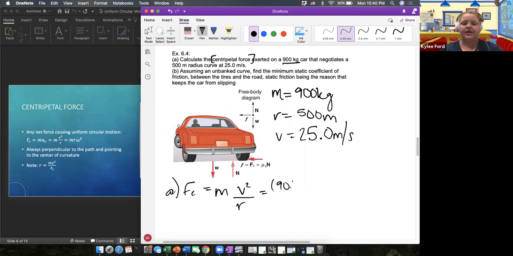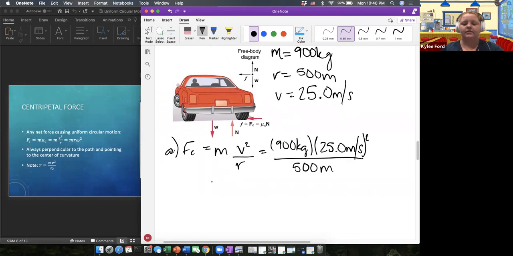All right, so we have 900 kilograms times my velocity, which is 25 meters per second, and we square that and divide it by my radius, which is 500 meters. So we end up with 900 times 25 squared over 500.